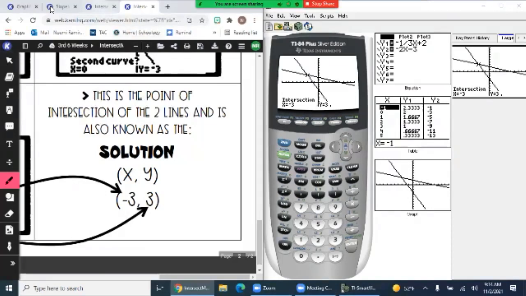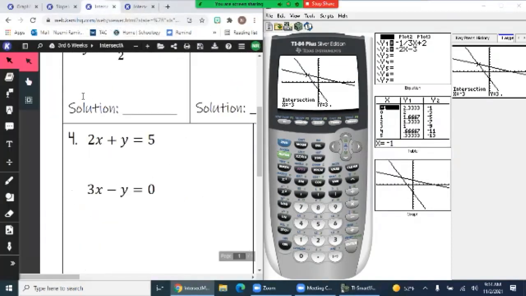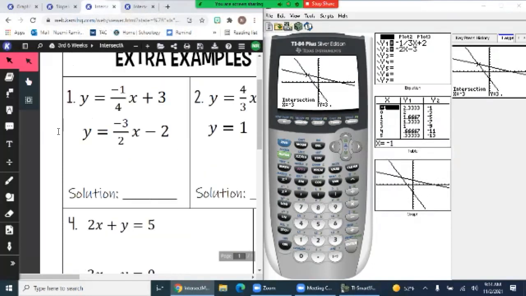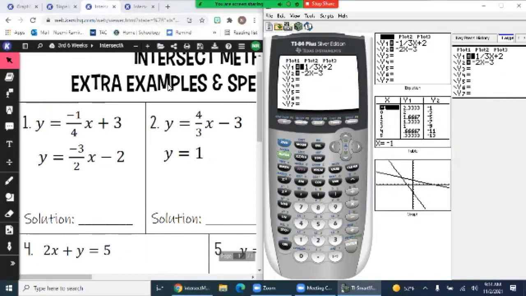So let's look at one of the extra problems that we have here. We'll do the top 3, and then we'll do the rest of these in class. So make sure all of your equations are solved for y. I'm going to clear whatever I have in here.